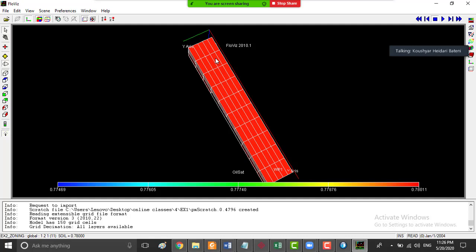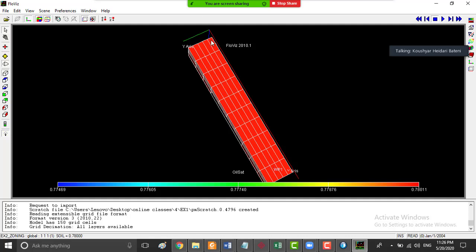This is going to be our 12th cell, 13th, 14th, 15th, 16th, 17th, 18th, 19th, 20th. Okay? Then we go back and increase the y direction by 1 unit and then keep increasing the x direction. Okay?